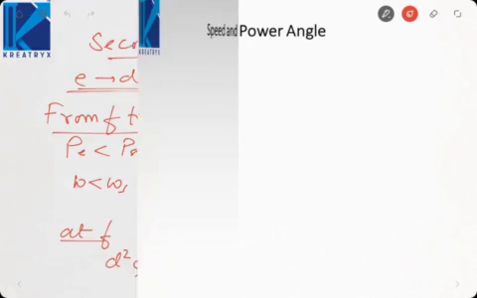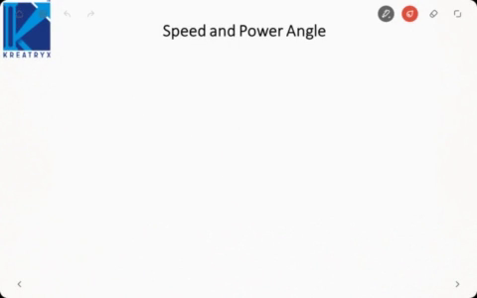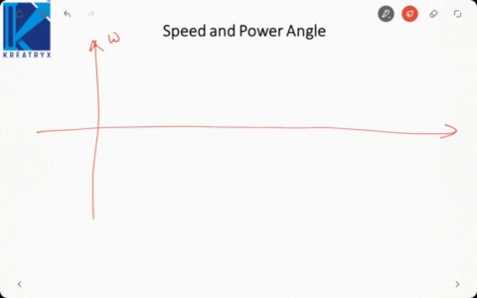Now let us see how delta and the power angle vary. Speed and the power angle vary. First, let me plot omega versus t. Now, initially, the speed was equal to omega s at point A. Okay.